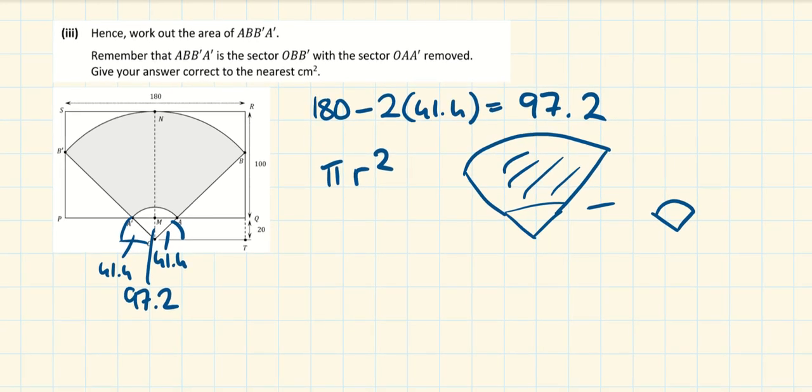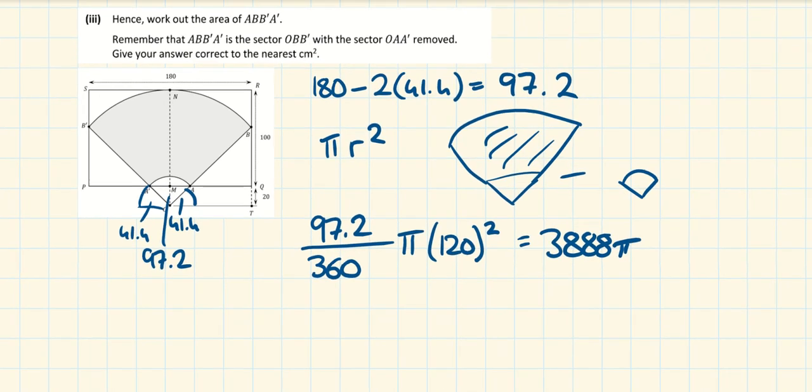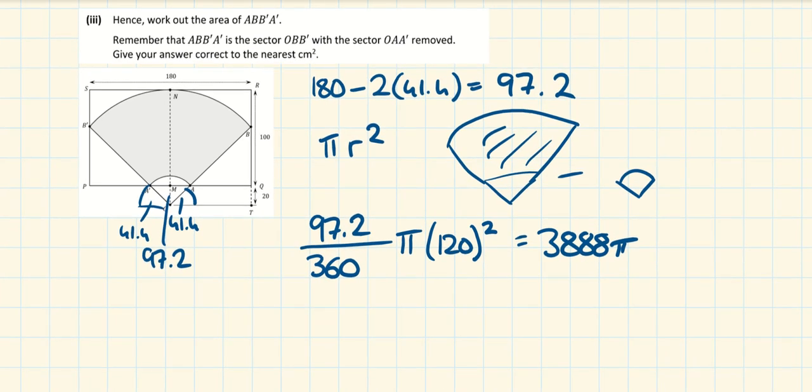So we know that each part is 97.2 degrees out of a total of 360 degrees because it's a circle. So 97.2 over 360 times pi times the radius squared. And we know the radius of the big bit is 120 squared. So that's just going to give you 3888 pi when you put that in the calculator, and we'll round to the centimetre at the end.